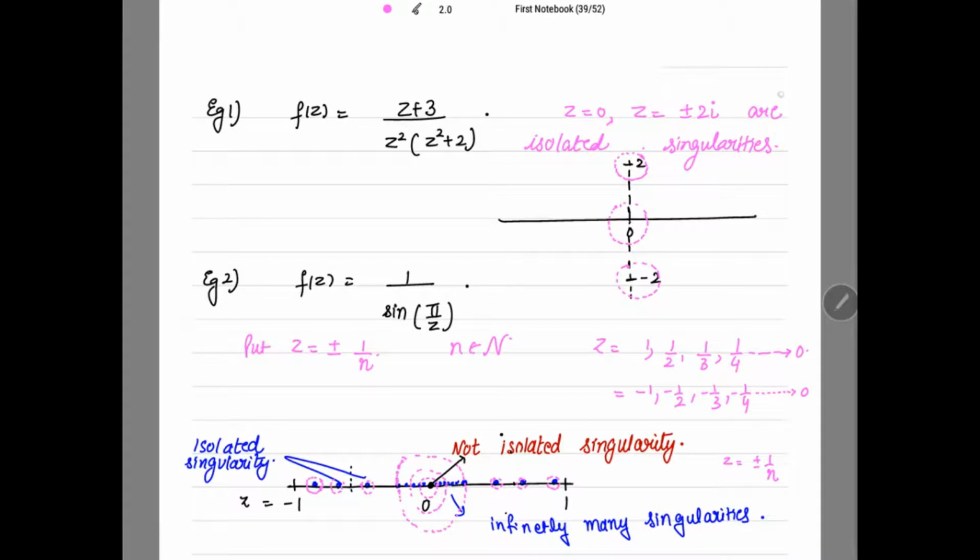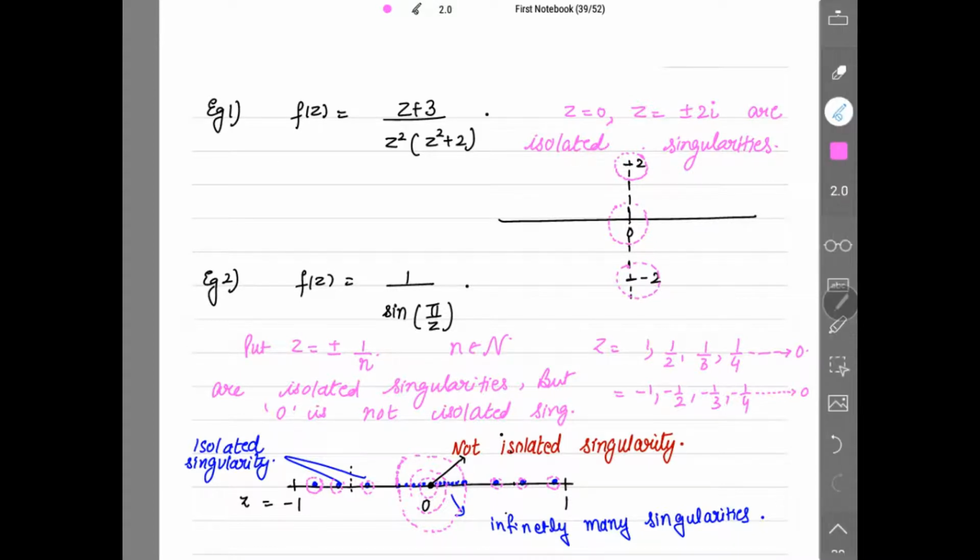So what we conclude is that z equal to plus minus 1 by n are isolated singularities, but 0 is not an isolated singularity. It is a singularity but not isolated. Fine? Alright, let's move on to another example.